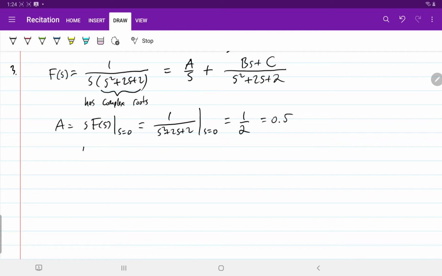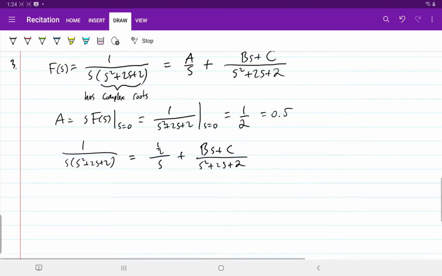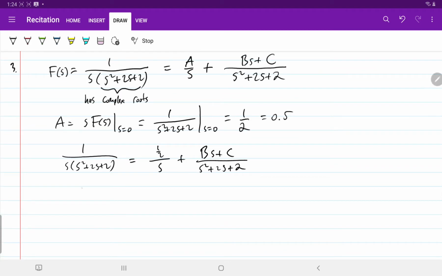Now we have 1 over s squared plus 2s plus 2 is 1/2 over s plus bs plus c over s squared plus 2s plus 2. We can simplify this equation to find b and c.